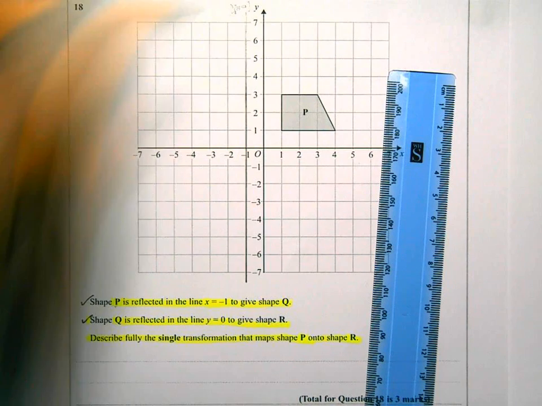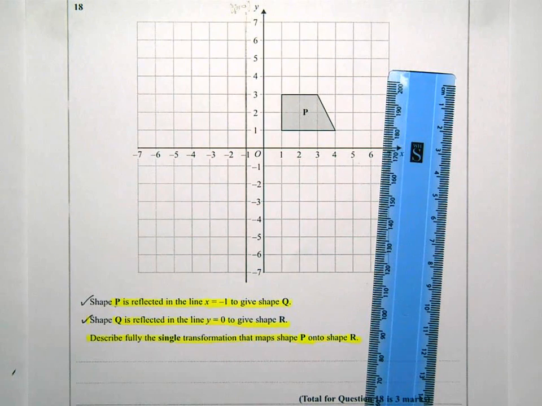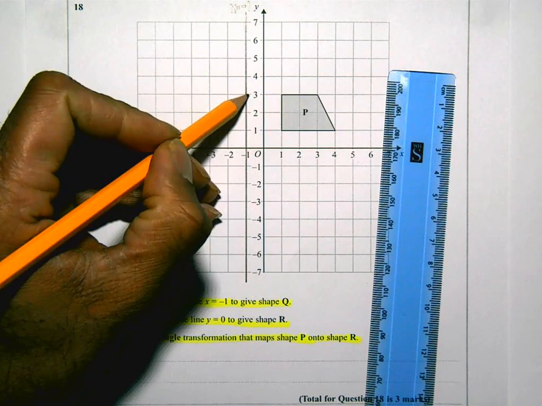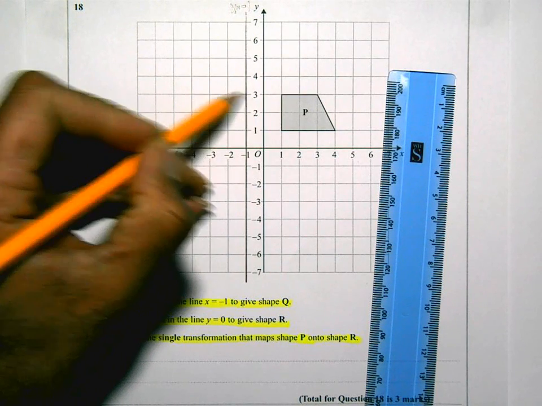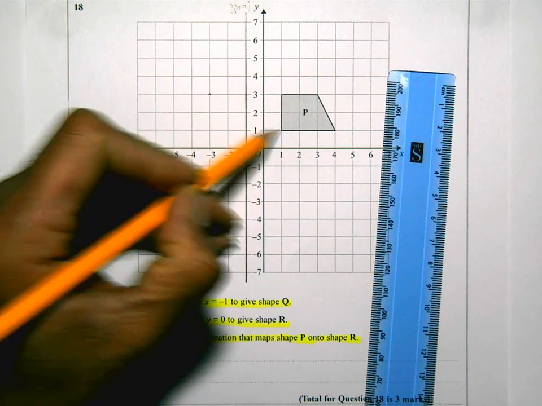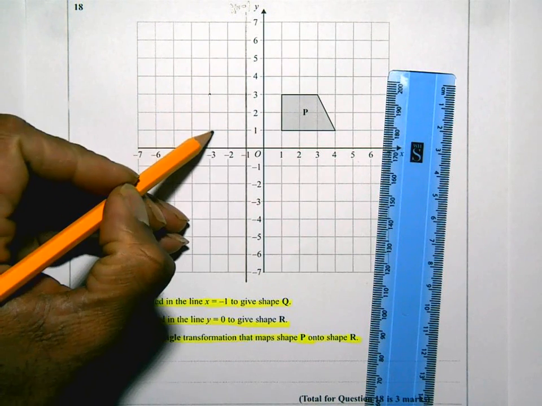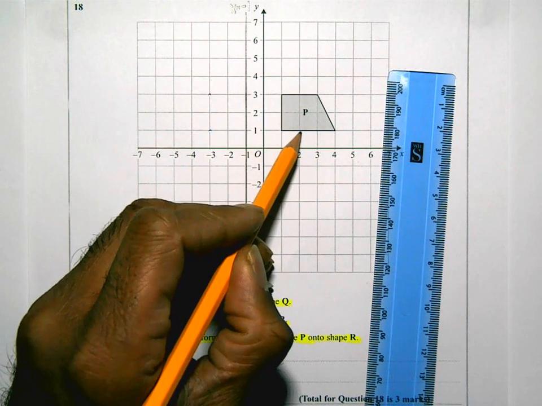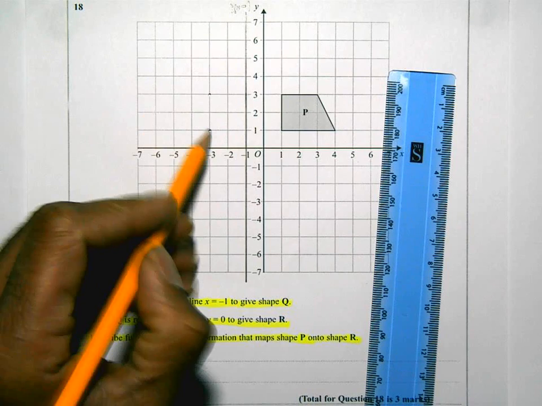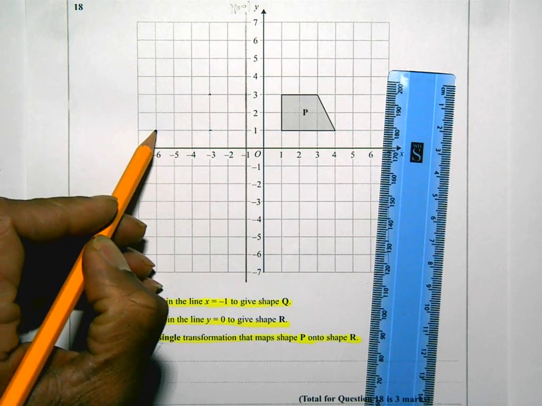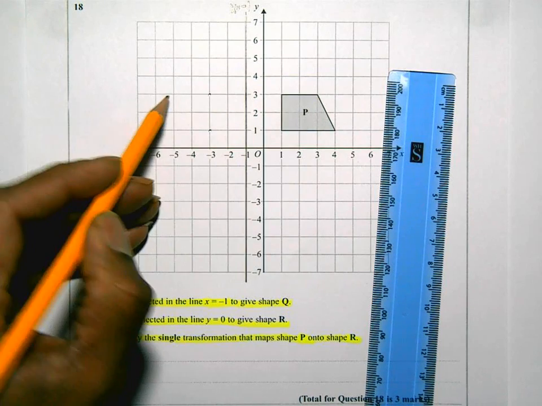That's that line there. Okay, so reflecting that shape, that corner there is 2 squares away from the mirror line, so when it's reflected it ends up there. This corner here is 2 squares away, so it'll end up there. That corner there is 1, 2, 3, 4, 5, so 1, 2, 3, 4, 5, and the other one up there is going to be there.